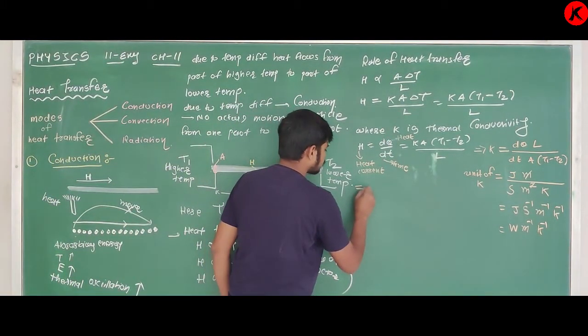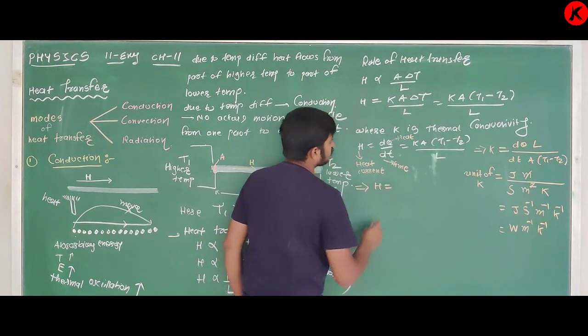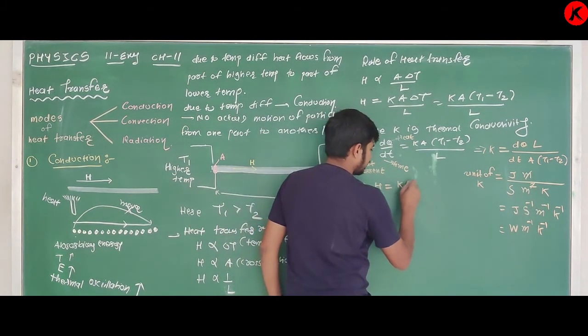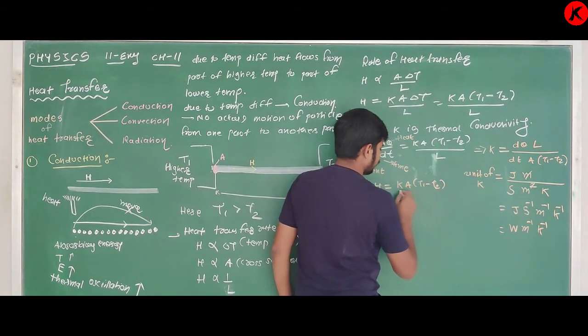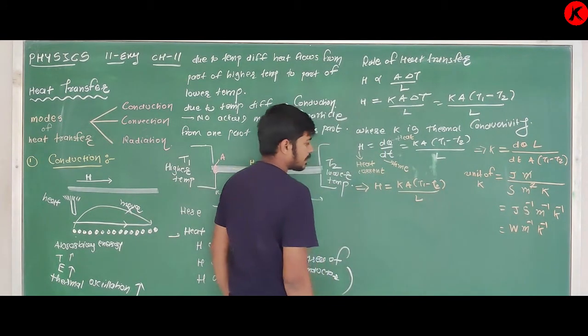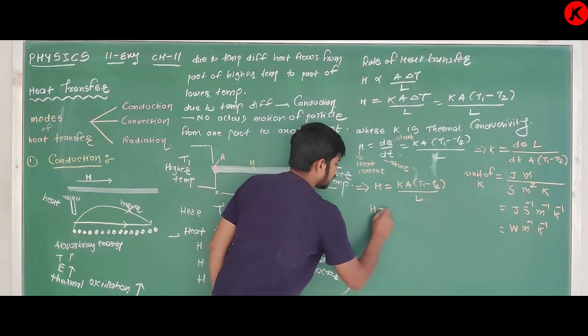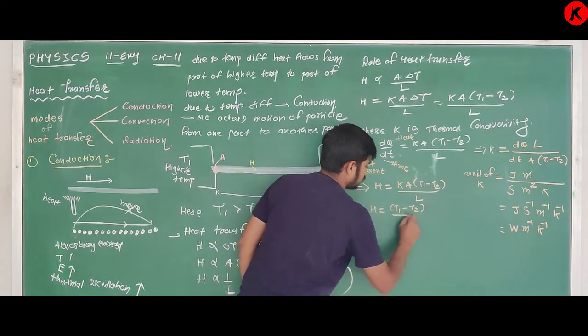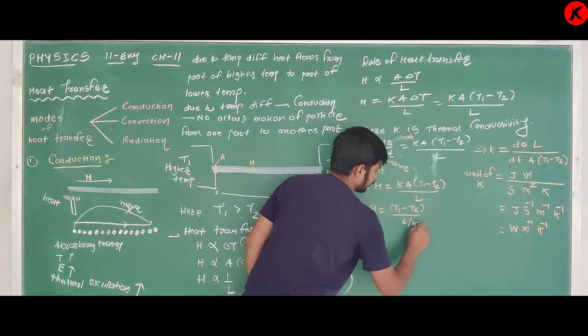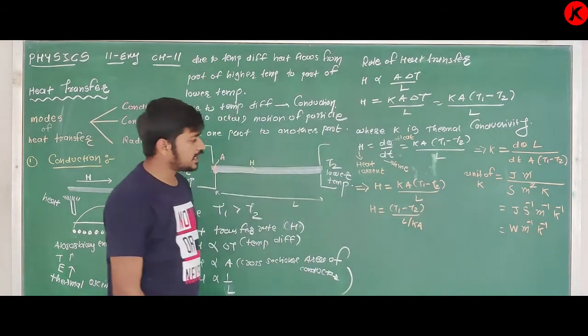Now see, H is equal to KA (T1 minus T2) upon L. I can write this equation as H is equal to (T1 minus T2) upon L divided by KA.